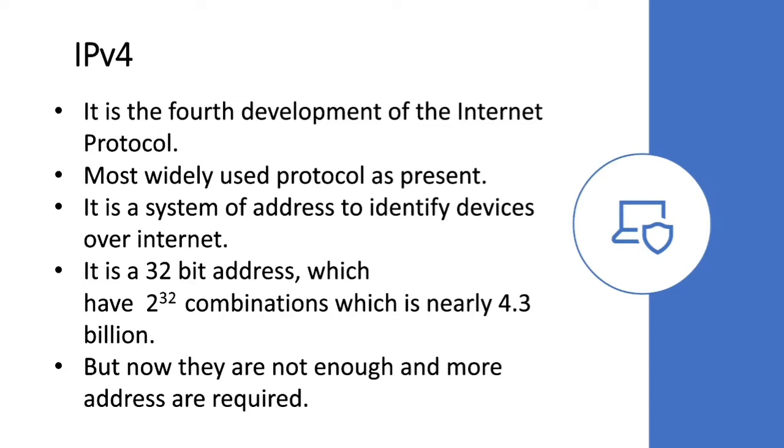So these addresses are actually being exhausted, right? Because of that, we have a sixth development, that is IPv6, which uses hexadecimal values. This is the binary format. It has 32 bits. The address is divided into four parts, and each one is of 8 bits, so it is a 32-bit address, right? How they look, we will see in the hands-on session.